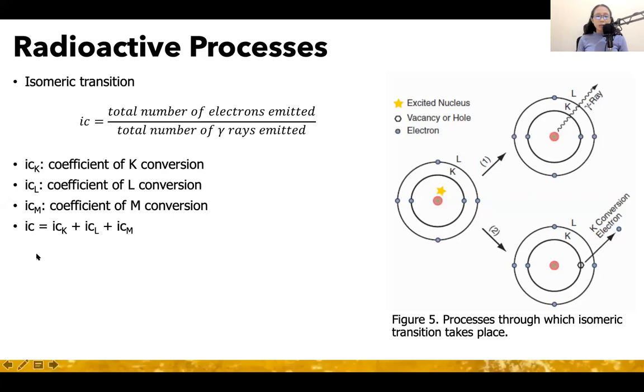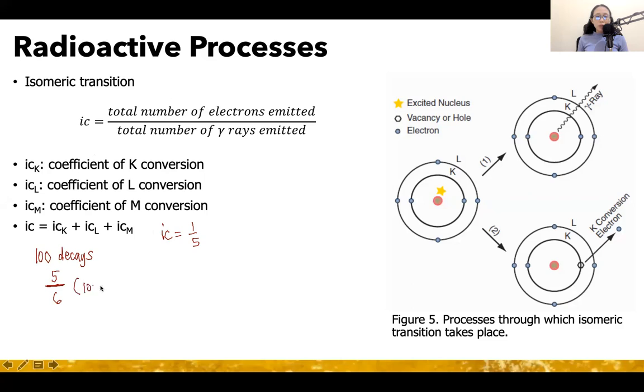So for example, if you have 100 decays of an excited nuclei, then following the given, if IC is equal to 1 over 5, it means that you have 5 over 6. This is the fraction, right? 6 is the total. That's 1 plus 5. That's the total.